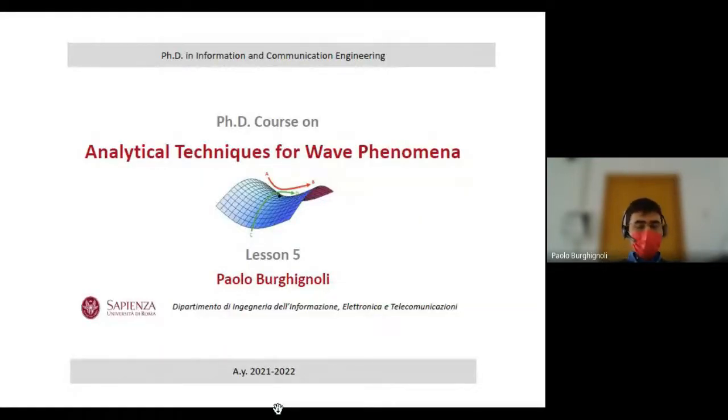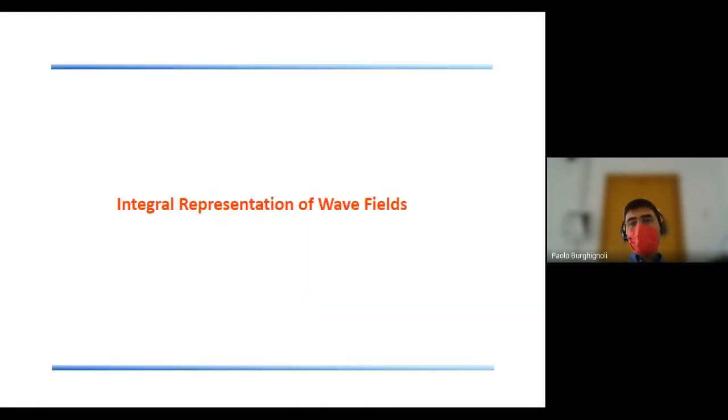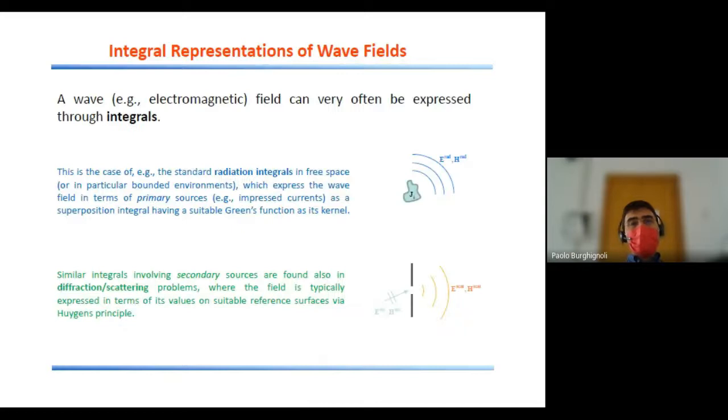Okay, last week we gave some information about asymptotic techniques and ray optics. To motivate the content of this lesson, let me start by mentioning what integral representations of wave fields are.